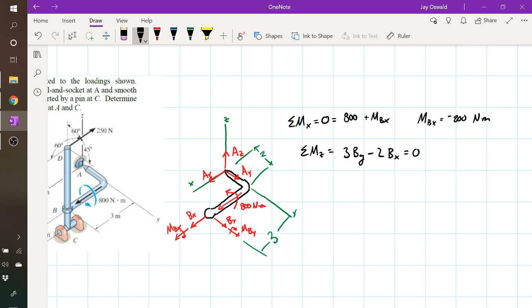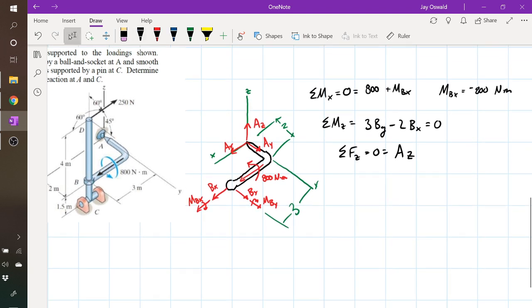Let's see here. Sum of forces is kind of, we could do sum of forces in Z, right? It's a very low-hanging fruit. AZ, that's all we have to write. All right, I think we're good. I want to get to the other free body diagram anyways.